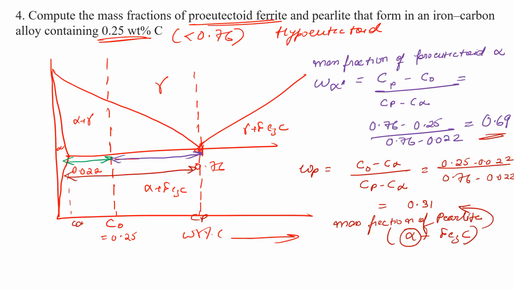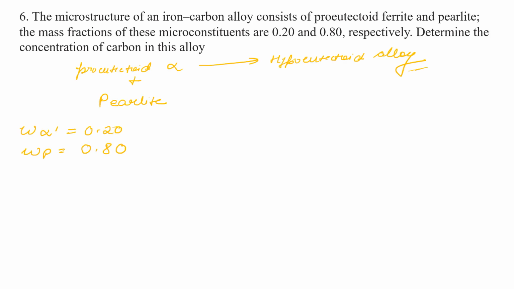If you want to find out the weight fraction of pro-eutectoid alpha, you can get it by taking a tie line here.